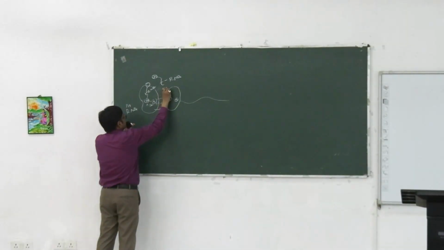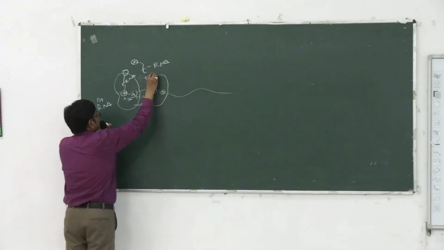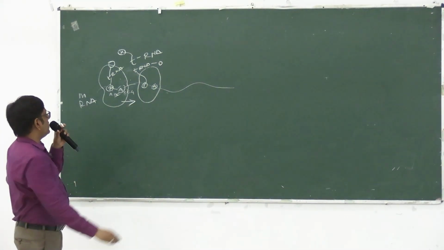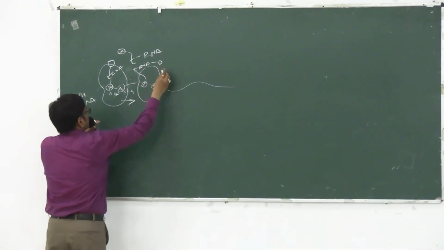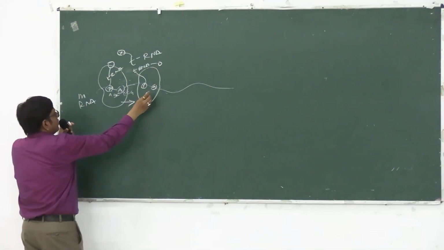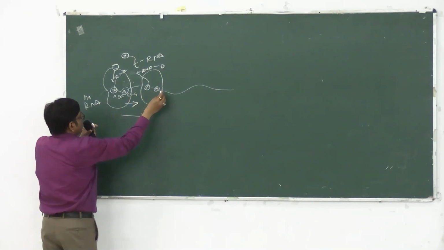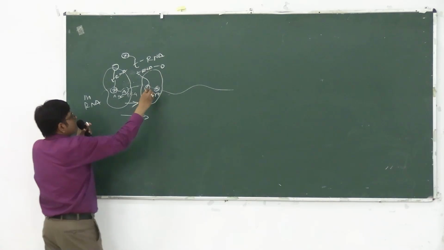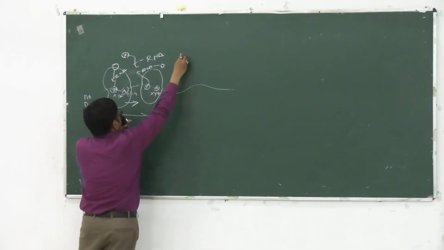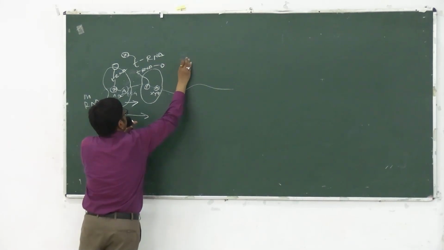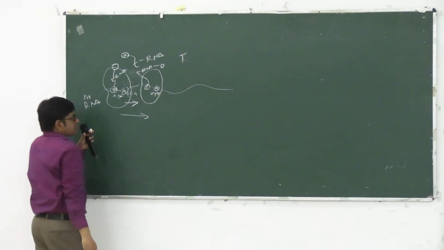In the P site, this tRNA is still attached with an amino acid. Now, because the ribosome has moved, the A site has changed, and you have another set of codons, say XYZ, and this codon wants amino acid, say T.